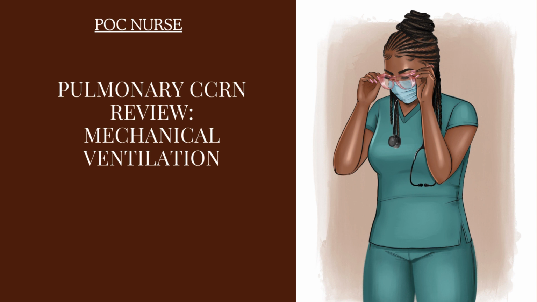Meaning, if the ventilator is set to give the patient 12 breaths and the patient is breathing 20 breaths per minute, those 12 breaths that are mandated on the ventilator will receive a set tidal volume from the ventilator. The extra 8 breaths done by the patient will not receive any volume from the ventilator.